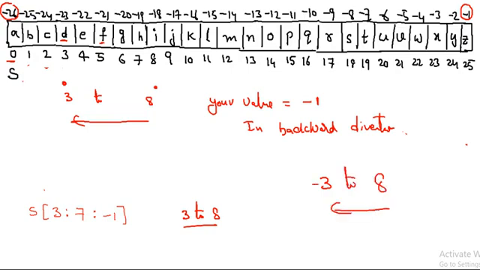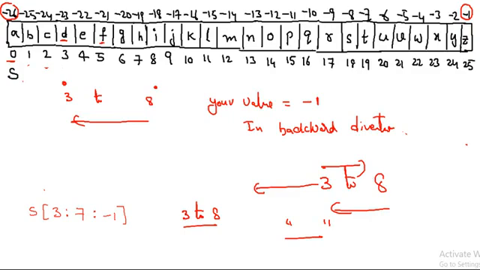Backward direction means you have to travel in this direction; you never move in the forward direction. So what string will be printed? Nothing will be printed. The answer for this question is an empty string. That means you are unable to print anything, because you can never reach 3 to 8 in the reverse direction. So the output for this program is an empty string only.